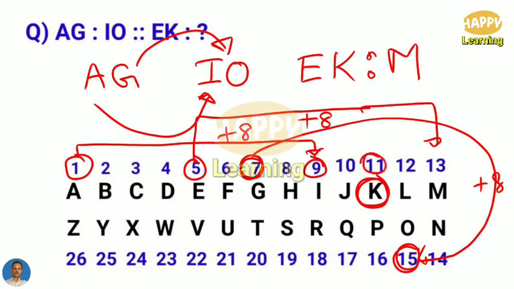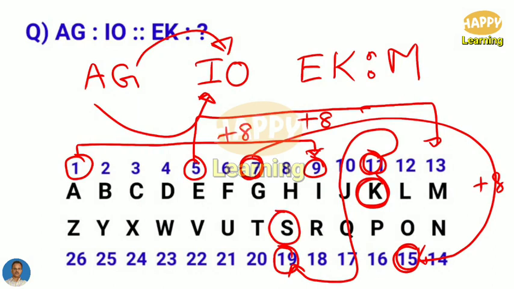Its code is 11. So 11 plus 8 is equal to 19. So the 19 code is for S. So you have to write S here. So MS is the answer. Option B is the answer. Okay, right. Next question.